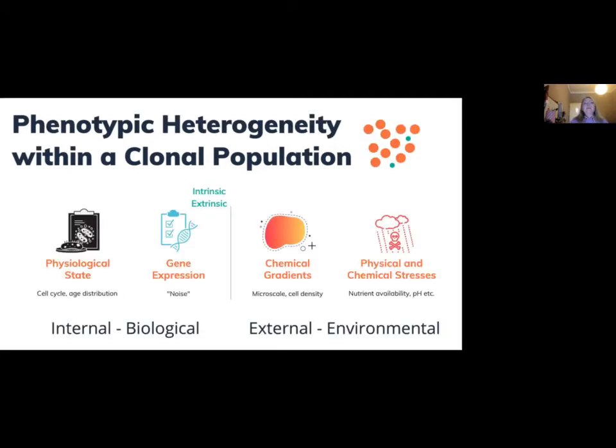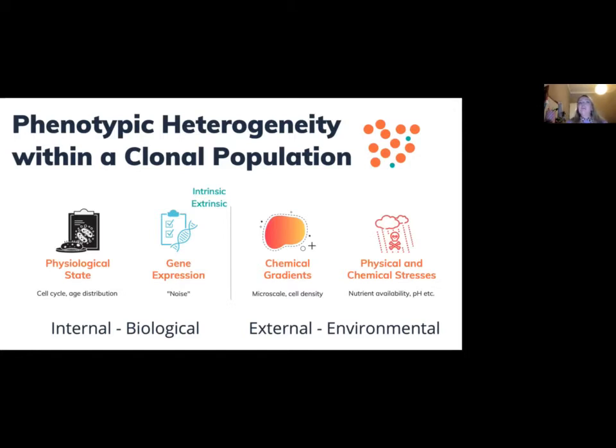And so it's governed by internal or external factors. For example, internal and intrinsic factors such as the cell cycle state, the age distribution of cells, or stochastic gene expression and metabolic reactions. And so these can be random or they can be in response to environmental pressure.